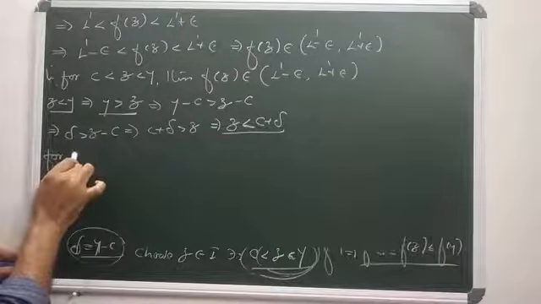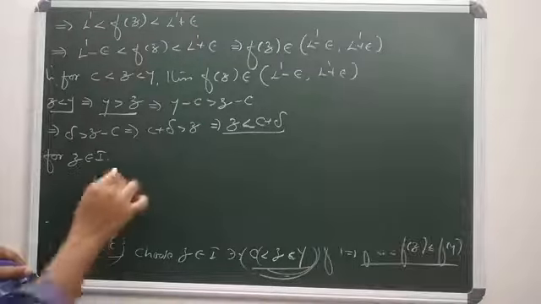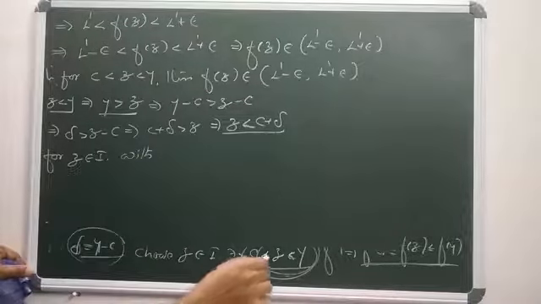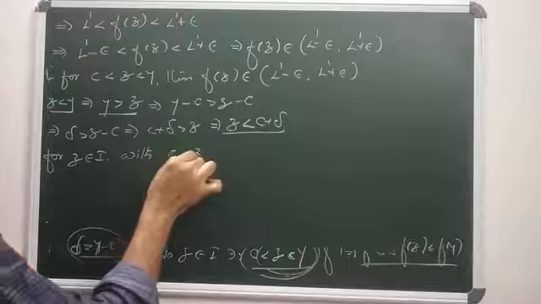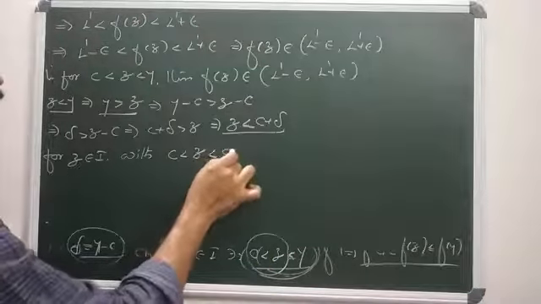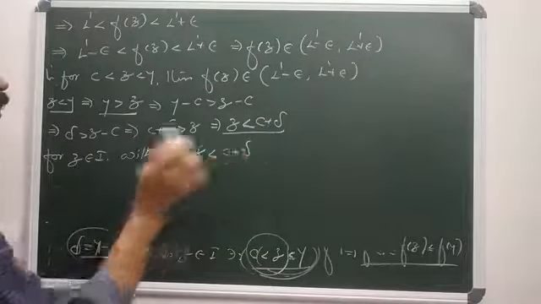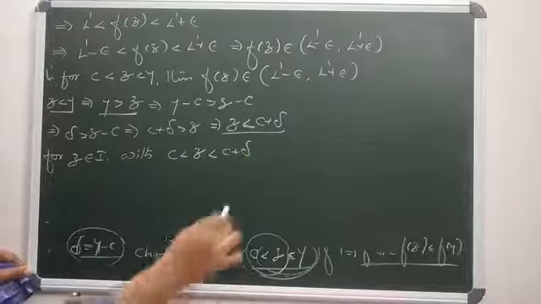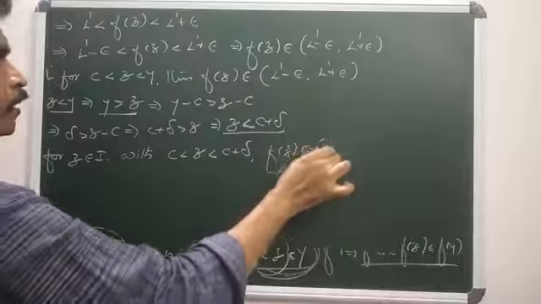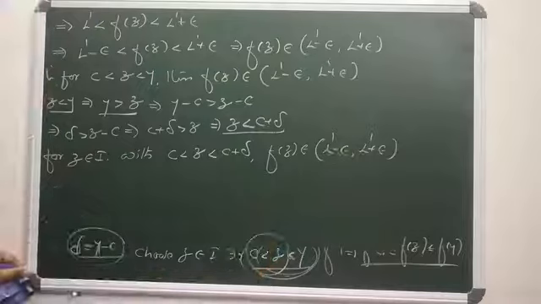For z belonging to I, we know that c < z from here, but z < c + delta. So it is z belonging to I with z lying between c and c + delta. What is f(z)? f(z) lies between L' − ε and L' + ε.